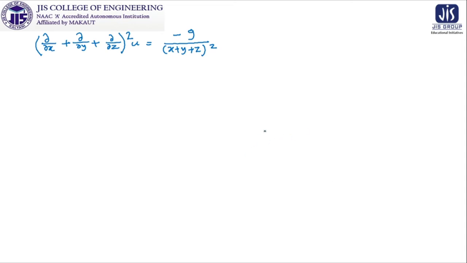What is u? The same as in the previous problem we have stated. It is u is equal to log of x cube plus y cube plus z cube minus 3xyz. So here we will use the information we have already proved in the last slide.